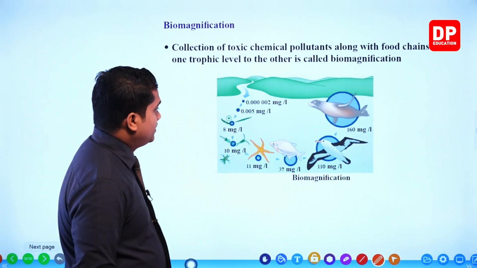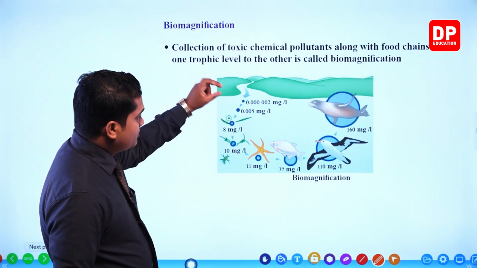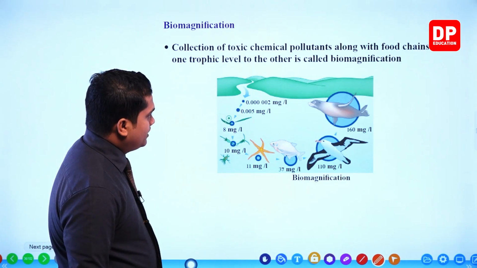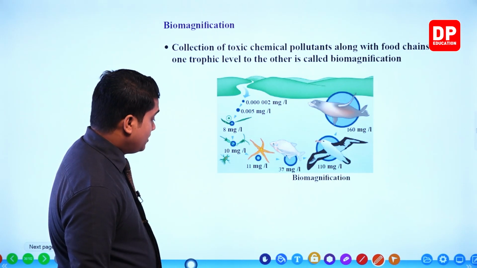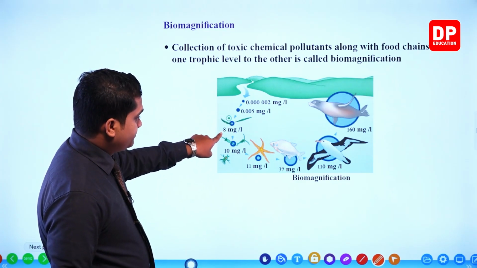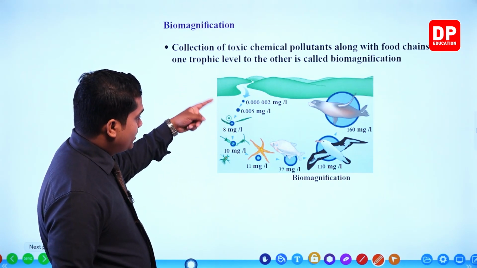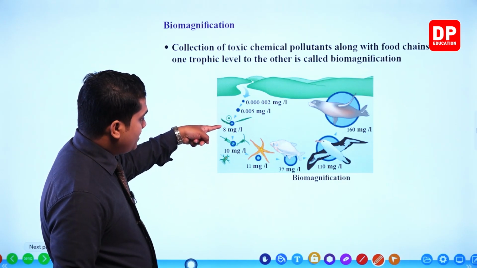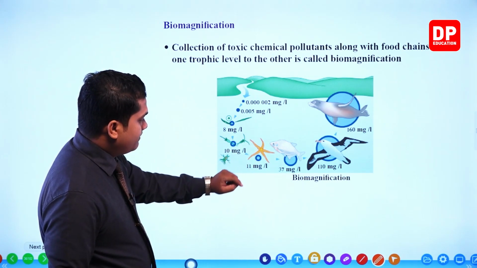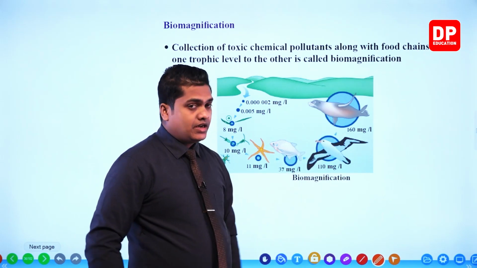So here it is given, right? As you can see, for this area, around 0.000002 milligrams per liter is absorbed by a certain reservoir. Then for this one over here, 8 milligrams are being added. So these things are being added to the microorganisms. So here for this particular organism 8, then for this one 10, then for the somewhat larger one 11, then an even larger one 37, then 110, then finally 160.